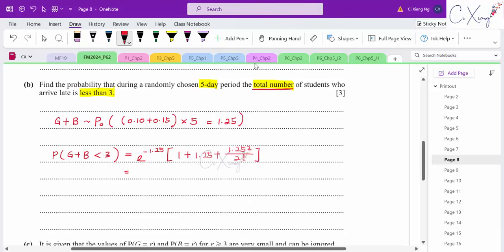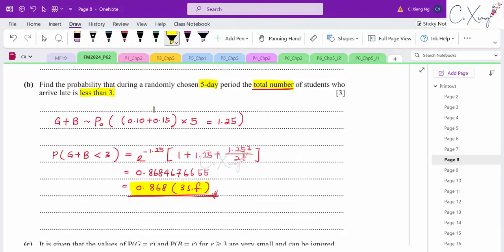Then by pressing the calculator, you will get a long list of numbers. We correct it to 3 significant figures, where it should be 0.868. So this is what we have for part B.